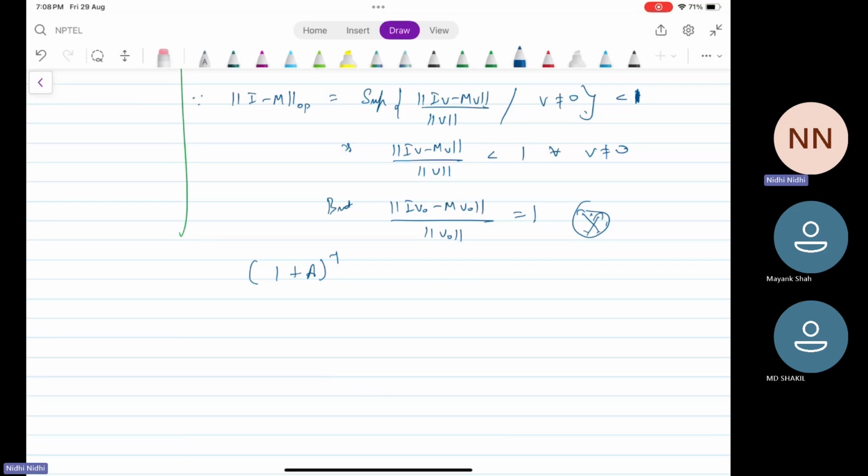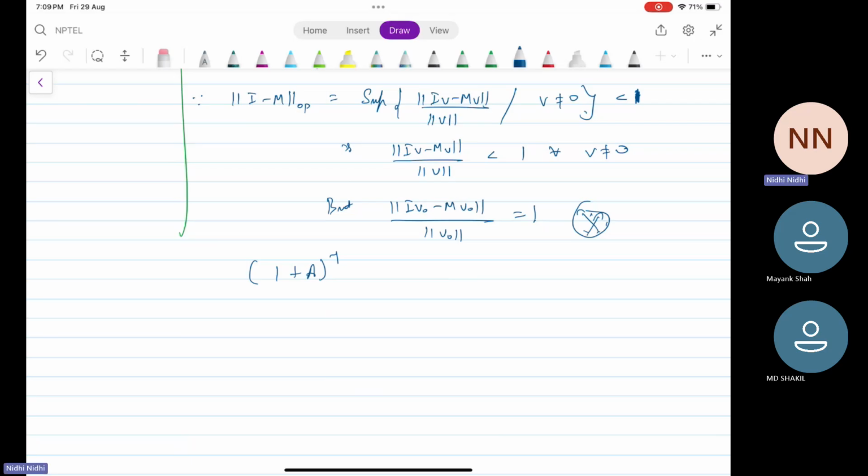Yes, because initially we have shown that the set of all invertible matrices, GL_n(R), is an open set. Therefore, you can find an open ball. Basically, that means we can find some ball where the elements inside it will be invertible. That's what they are using.